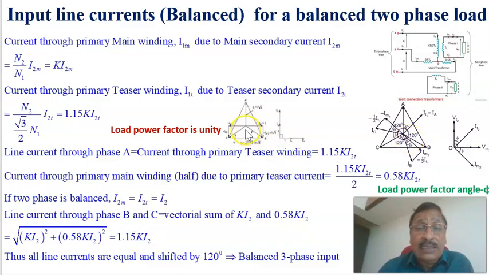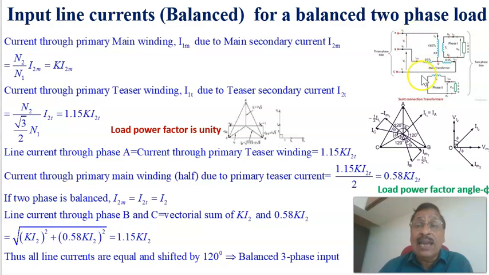This vector has the same magnitude, 1.15 K I2. The current through phases B and C is the same as this current, equal to 1.15 K I2. That proves that all the currents are equal, 1.15 K into I2, where K is equal to N2 by N1 and I2 is the balanced secondary current.